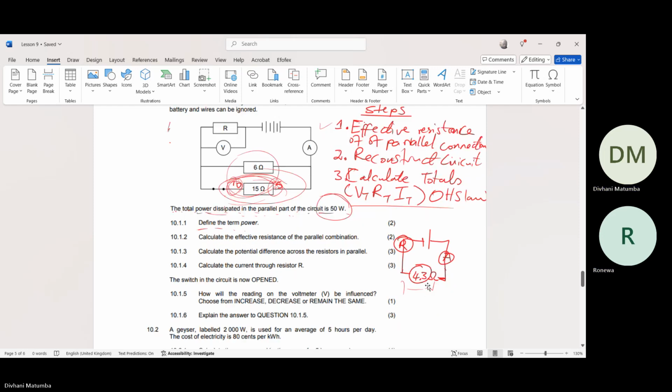Yes, you said it is equal to R. This R? No, we have two resistors. We have resistor R, and we also have the effective resistance, which we sum up into one resistor, and then we reconstruct. This is our new circuit. Okay. Yes.